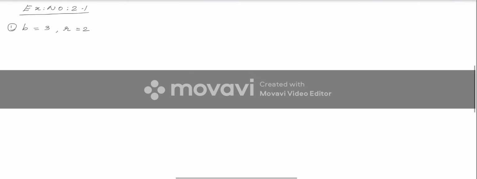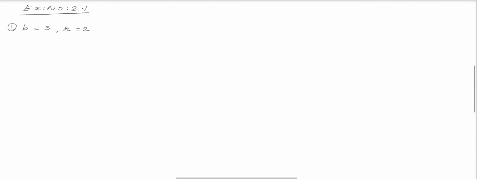So your B is equal to 3 and your remainder R is equal to 2. And you are asked to find the positive integers. That means you are asked to find all positive integers that are dividend. Clear? And that is your A.